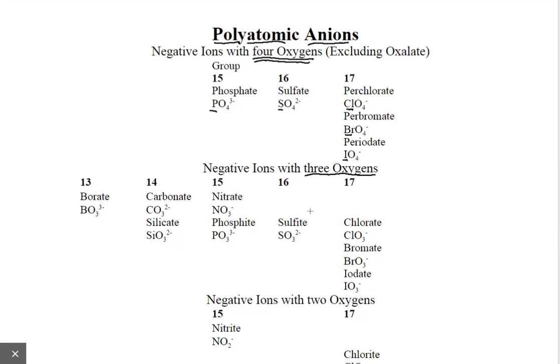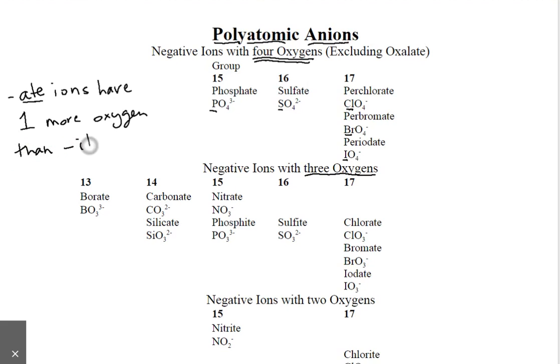So one of the tricks that I want you guys to remember is that ATE ions, that means the ones that end with the ATE ending, like phosphate, sulfate, or nitrate even, ATE ions have one more oxygen than ITE ions. Okay, so if I'm comparing sulfate to sulfite, ATE has one more oxygen than ITE.